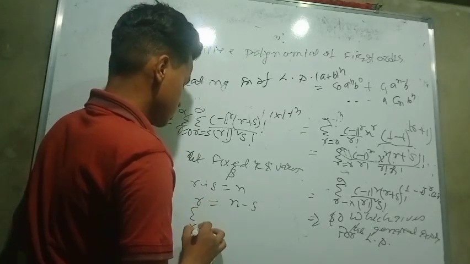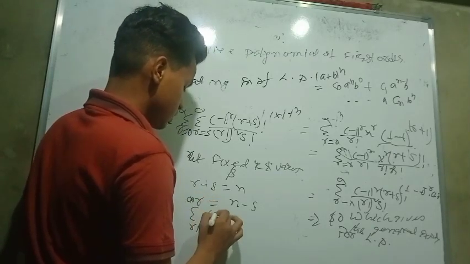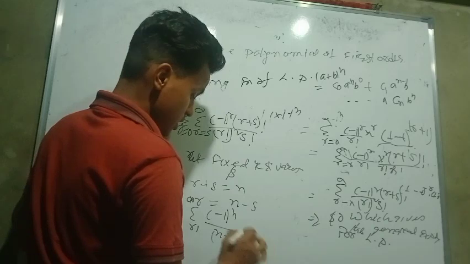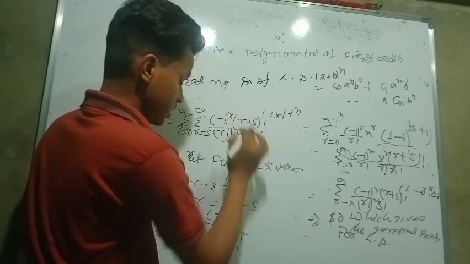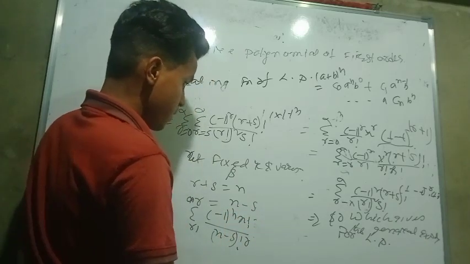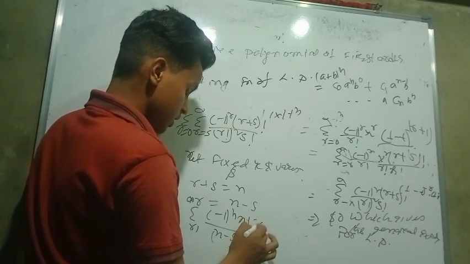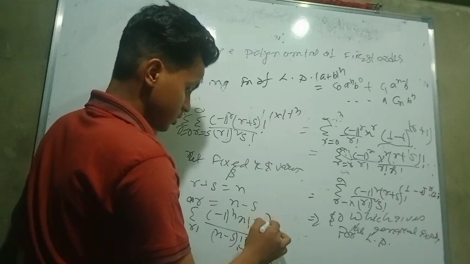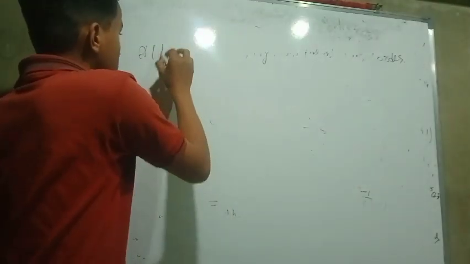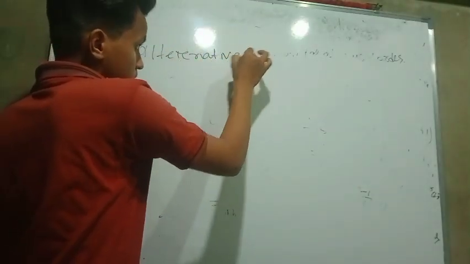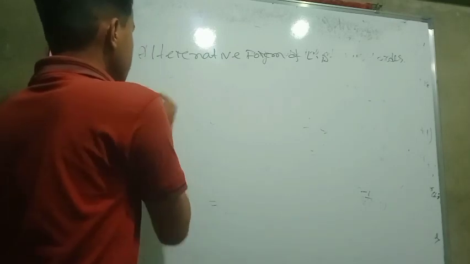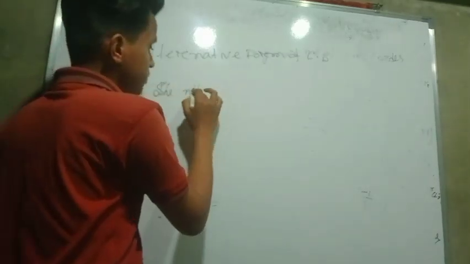Putting this value in, we get r factorial equal to the summation to infinity of 1 by (n minus s) factorial, and here we get n factorial upon s factorial into x to the power n. This is the alternative form of the Laguerre polynomial.